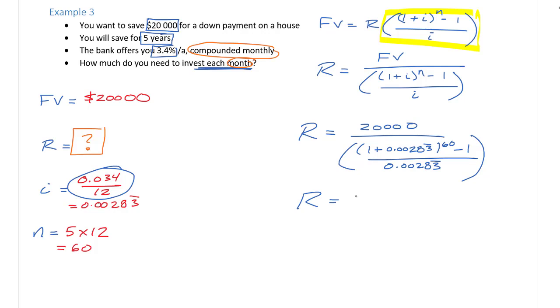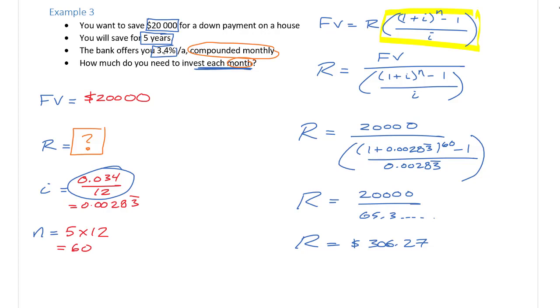All right, so we end up getting 20,000 divided by something like 65.3 because there's a lot of decimals, which gives me approximately $306.27. So that means if you save $306.27 a month for 5 years, you will have $20,000 at the end of it, right? At that interest rate.